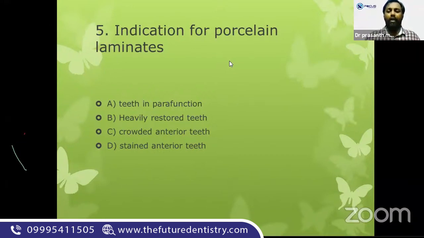A slightly overlapped lateral incisor can be corrected. If the occlusal level position of two teeth is different, that can be corrected. That's a mild orthodontic camouflage that can be done with veneers. But when it is purely indicated for orthodontic treatment, you have to go for orthodontic treatment. Clear?